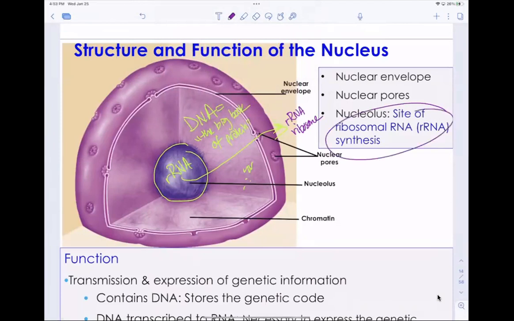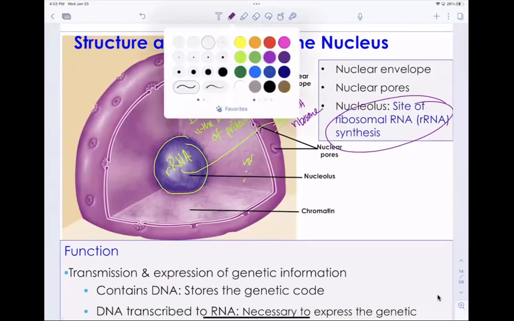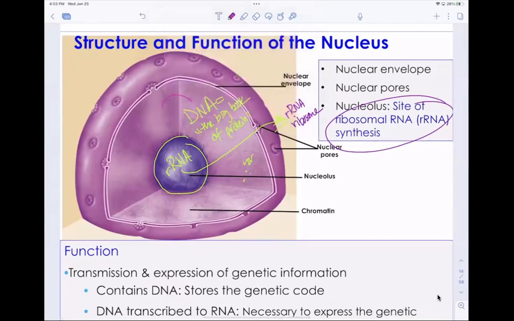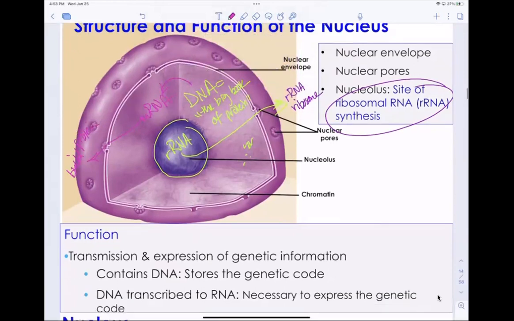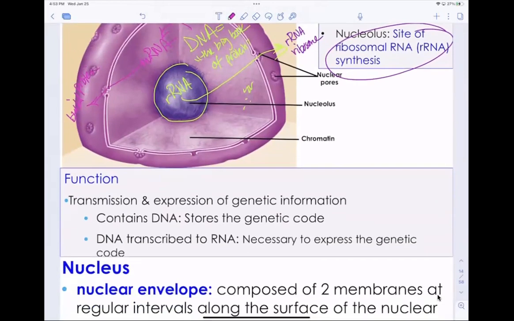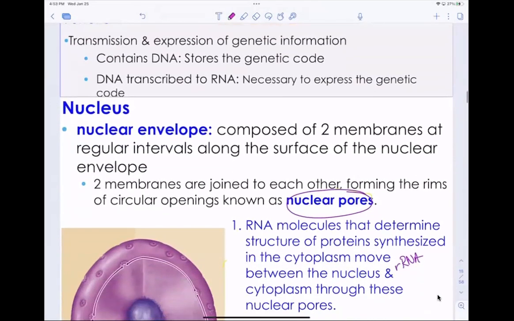So they're building proteins. Messenger RNAs get created here off a strand of the DNA, and that will also leave to go build a protein. And we'll talk about that with transcription and translation of proteins. So go through the nucleus.